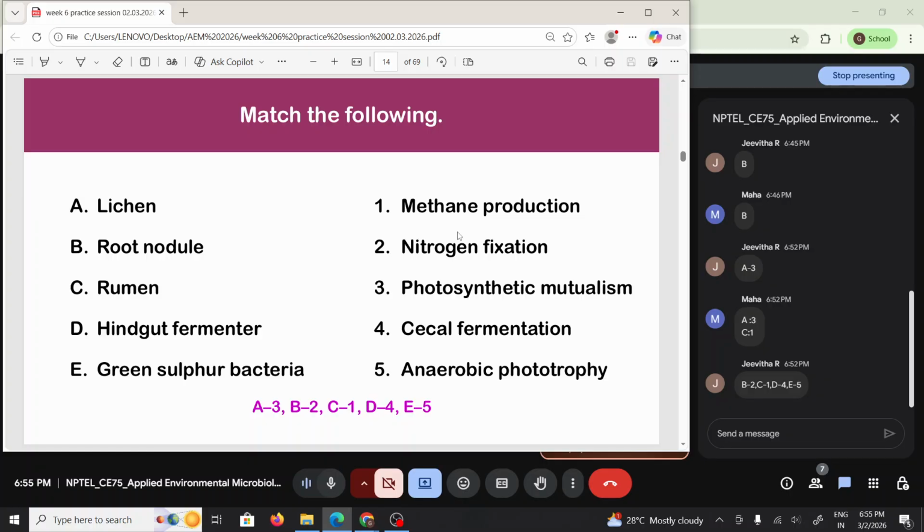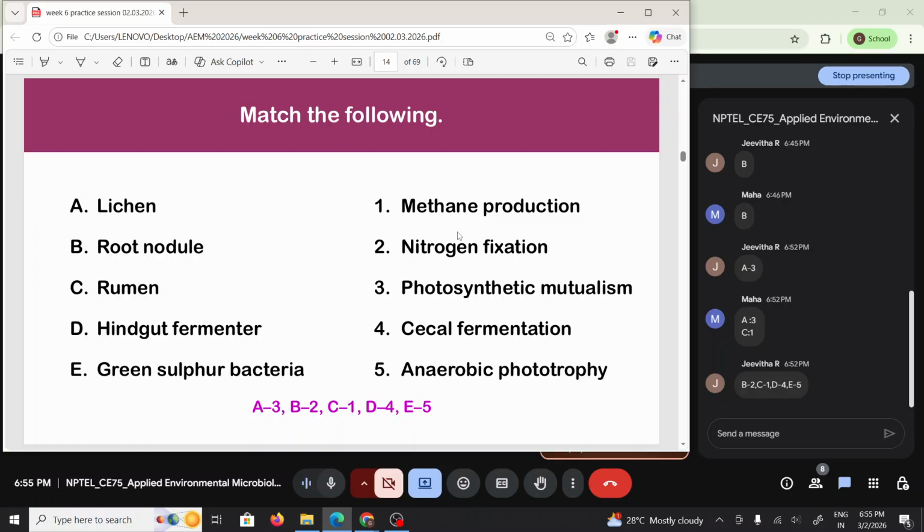And when we talk about hind gut fermentation, hind gut fermentation is matched with fecal fermentation. So fecal fermentation is the phenomenon in which in some animals the entire digestion process does not take place at the starting or in the front part of the digestion process itself.